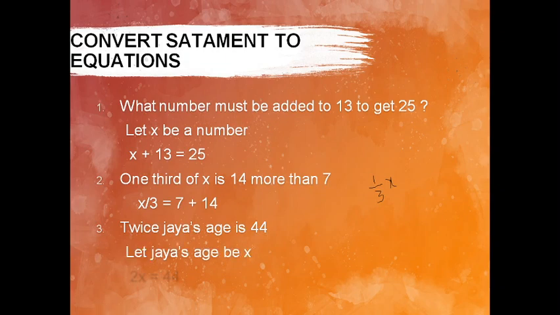It is given that twice Jaya's age is 44. It means 2 into x. Twice x means 2 times x, so we write 2x, and is means equal to, therefore the equation will be 2x equals 44.